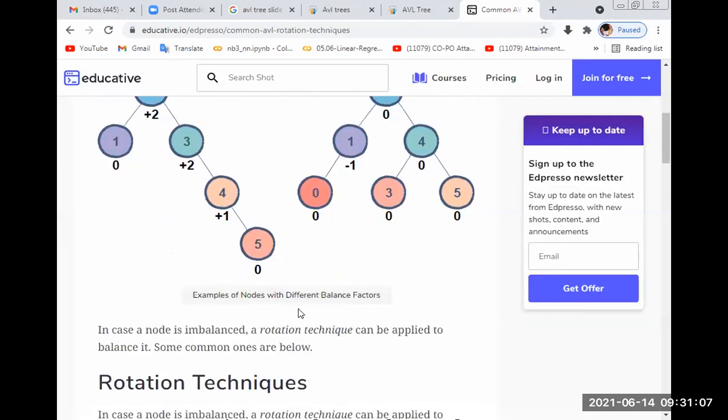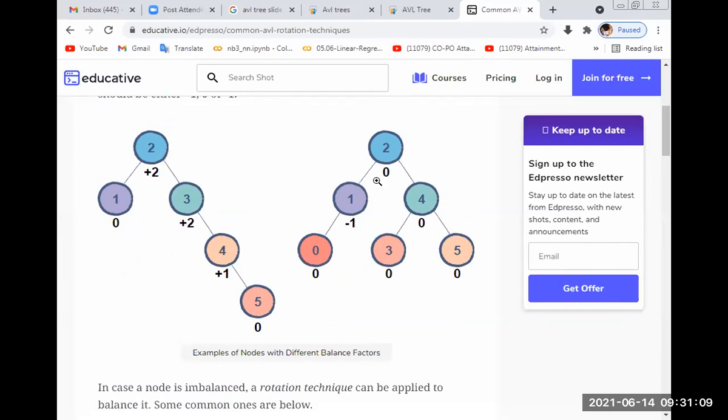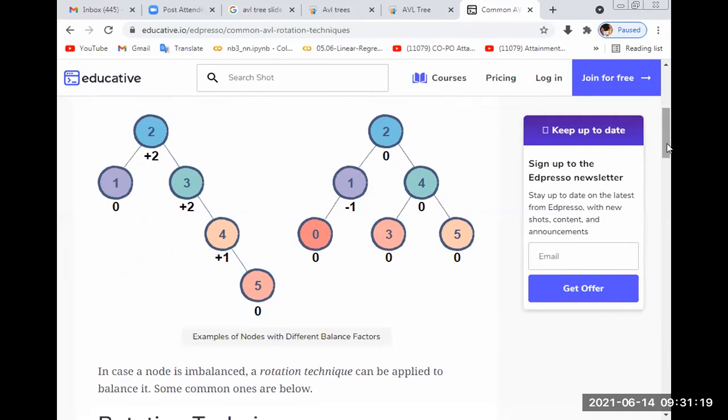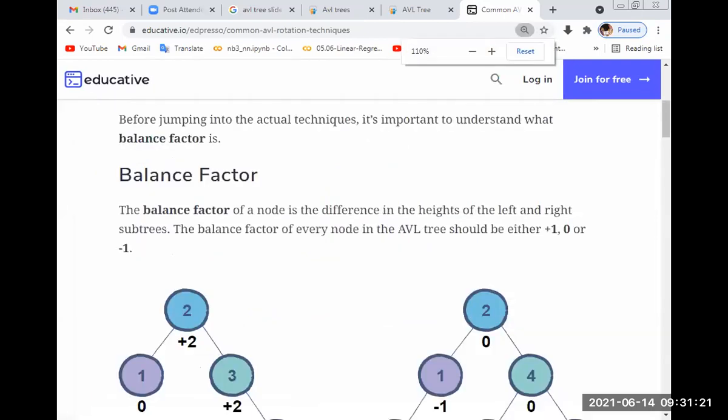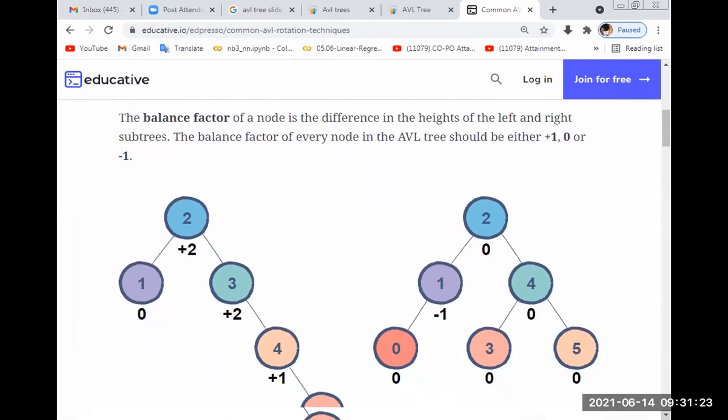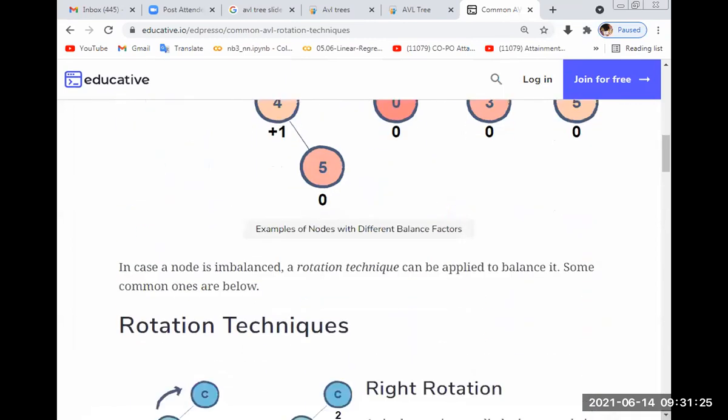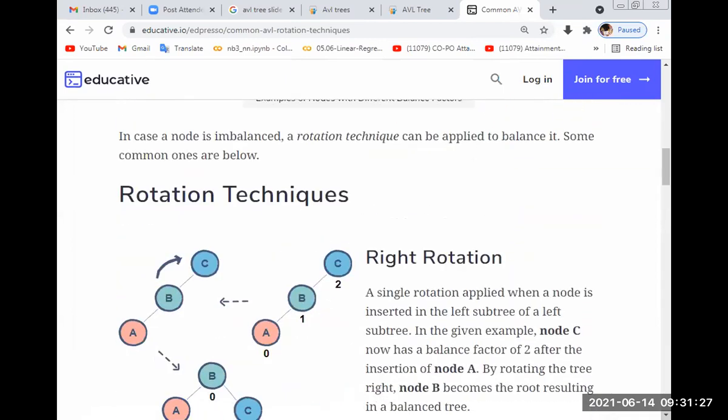So in this tree the balancing factor is 2, but in this one it is 0 or -1. So this is an AVL tree, and this is not an AVL tree. Okay. So we have 4 rotations. Okay.